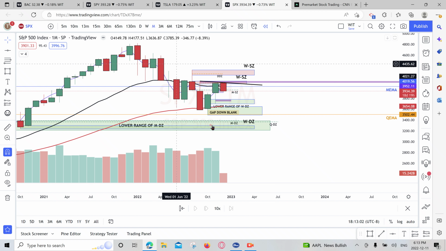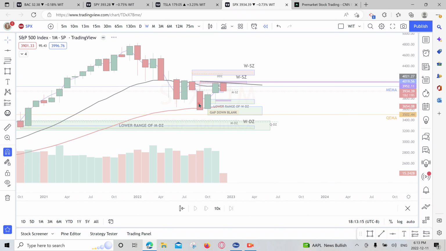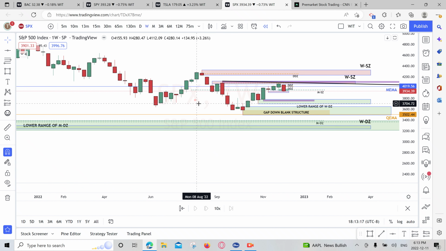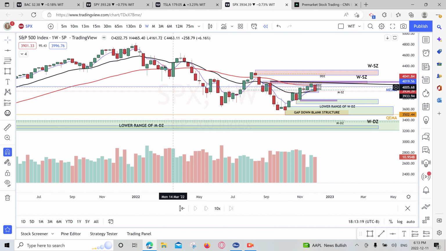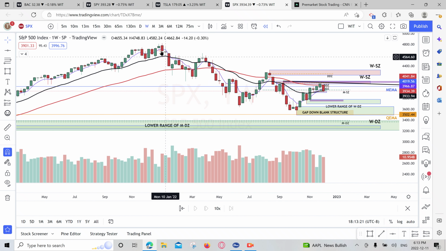I'm going to go further down, and I'm going to quickly repeat that price, while going up, has hit a major monthly supply zone. That's why price is reacting. To stop it, we need at minimum a weekly demand zone to have that bounce. On weekly, we can clearly see the price is in a downtrend: lower high, lower low, lower high, lower low.